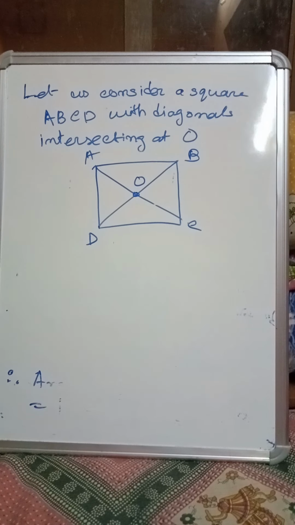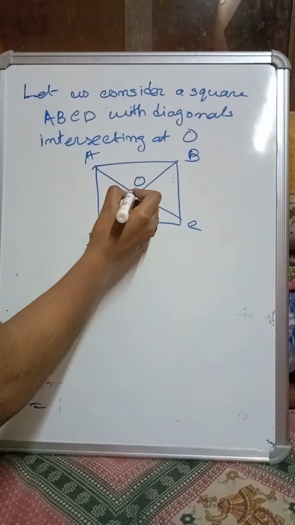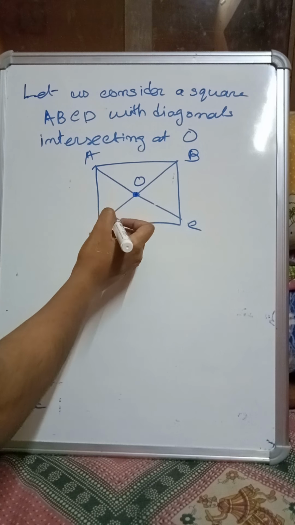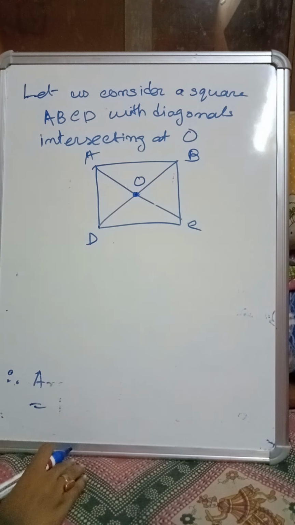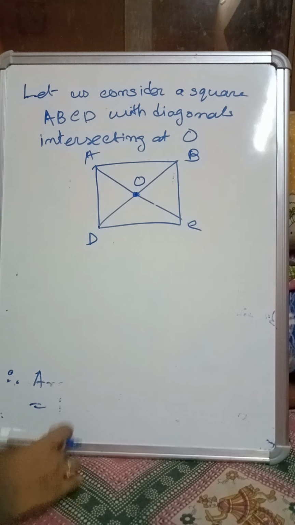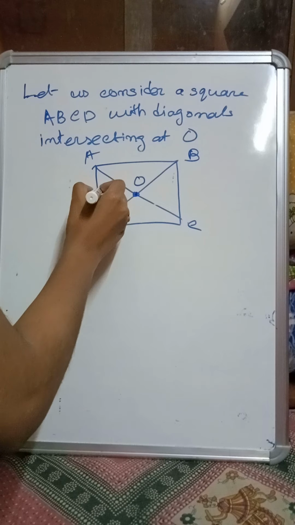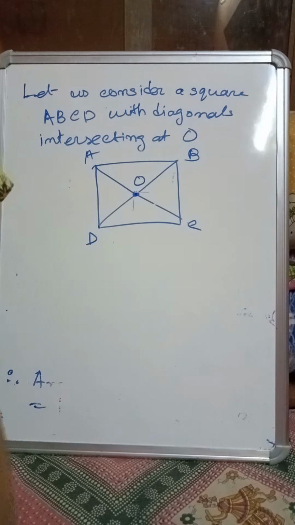Okay. Now in the problem it has been said, if the length of the perpendicular from the intersecting point between the two diagonals, that is this, on any of its sides. Okay, so it can be this also, it can be this also.